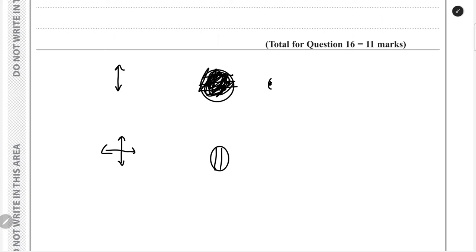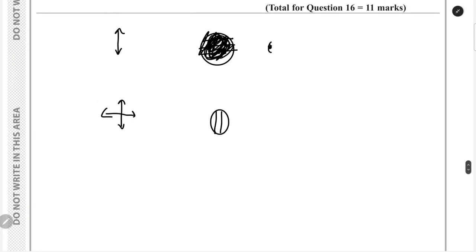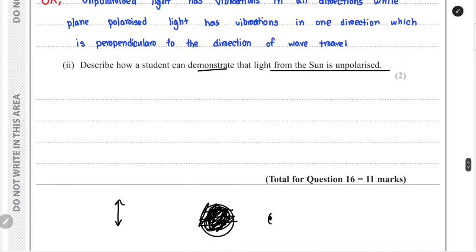However, if it's unpolarized, if I have it vertically, the vertical component will go through and the horizontal will not. And if it's kept horizontally, the horizontal component will go through, the vertical will be stopped. So all I have to show is that if I rotate a polarizing filter, the intensity is unchanged. That will show that the light from the sun is unpolarized.